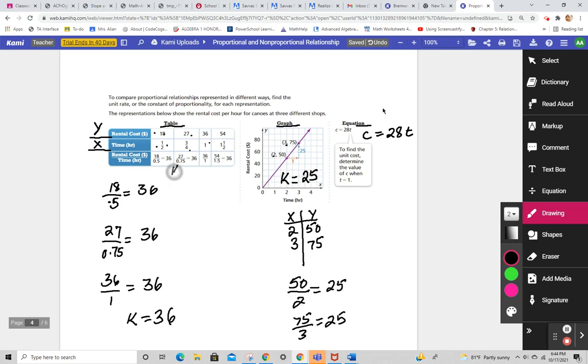This one has a k value of 36. And this one has a k value of 28. Okay? So this one here has the greatest constant ratio. And if we ordered them from least to greatest, this would be the greatest, then this would be next, and this would be the last one.